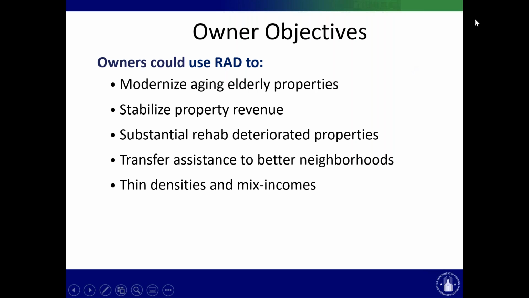Owners could use RAD, and are likely to use RAD, to modernize aging properties, stabilize property revenue, and support substantial rehab of deteriorated properties. In some cases they might transfer assistance to better neighborhoods, and also, through transferring assistance, thin densities or mix incomes at properties.